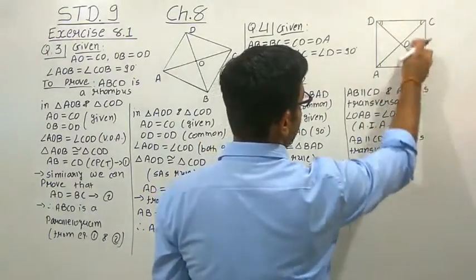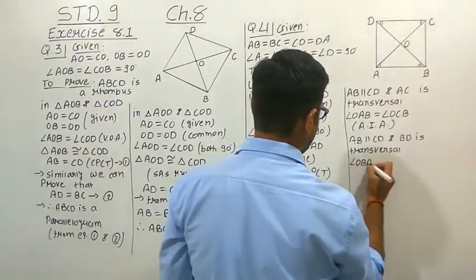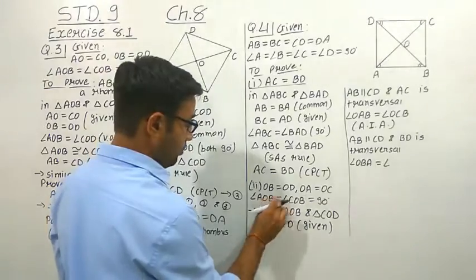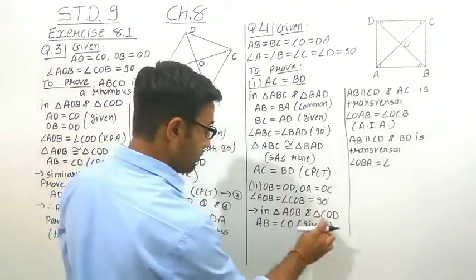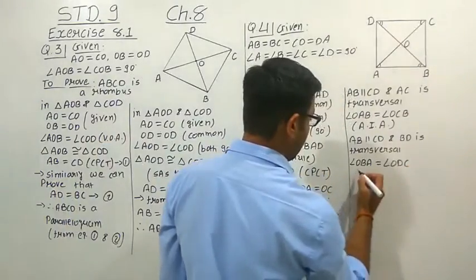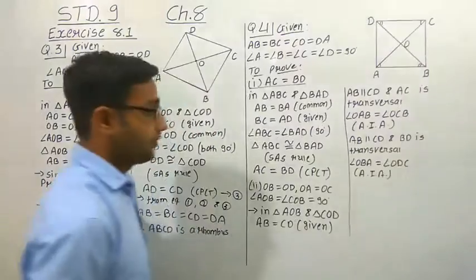Angle OBA is equal to angle ODC. This again we can write according to the alternate interior angle property.